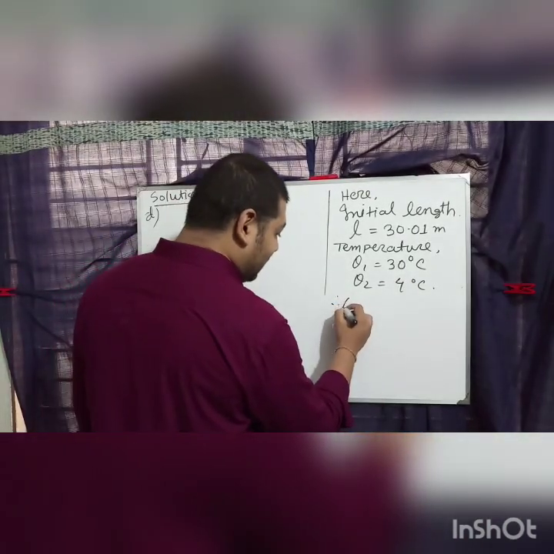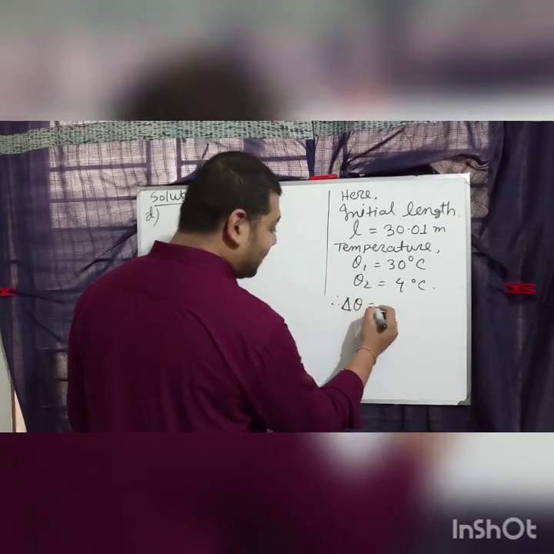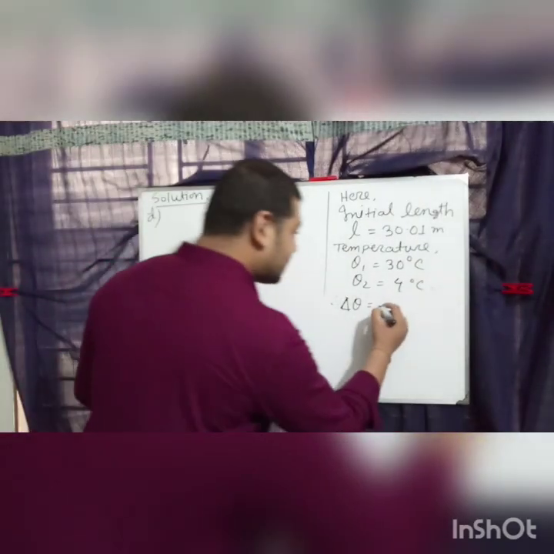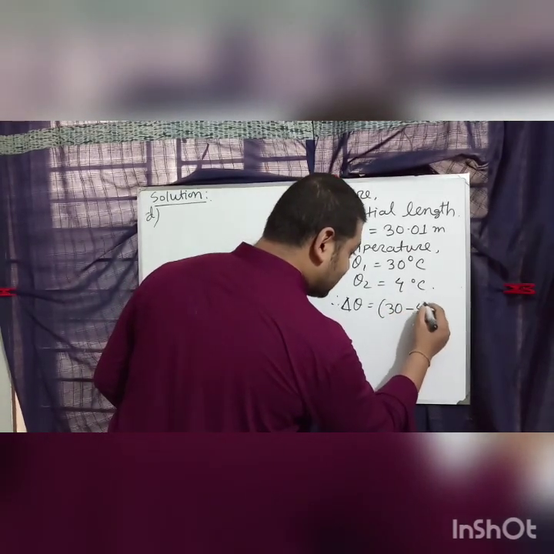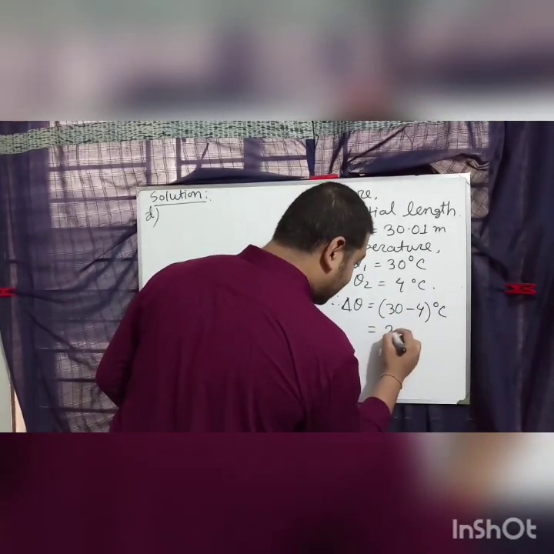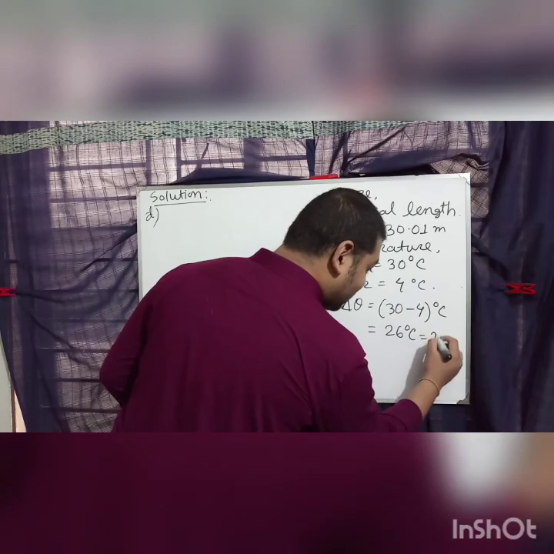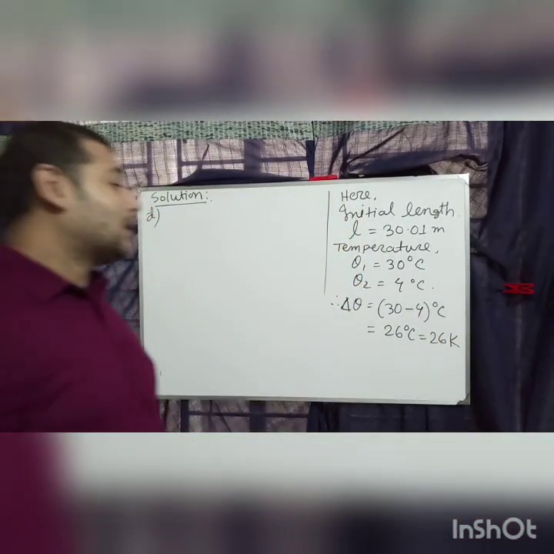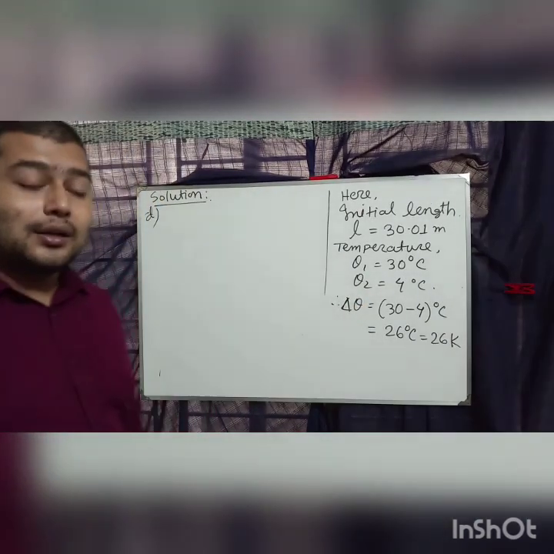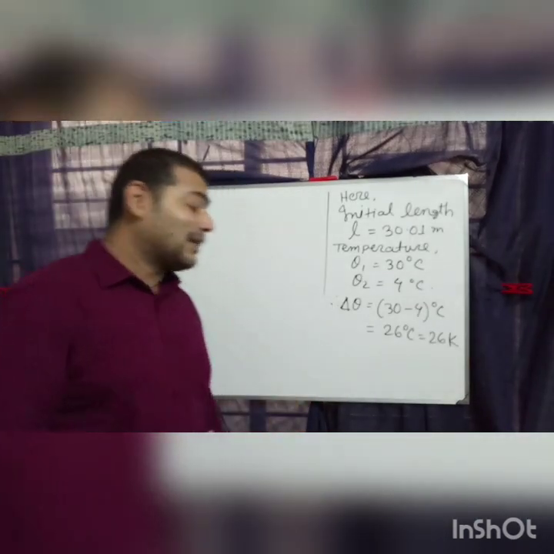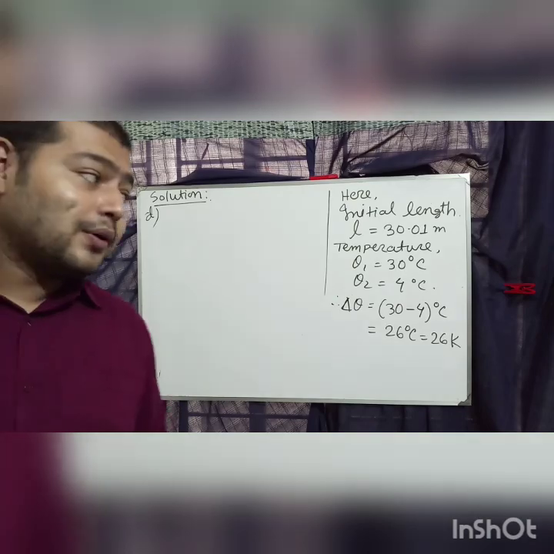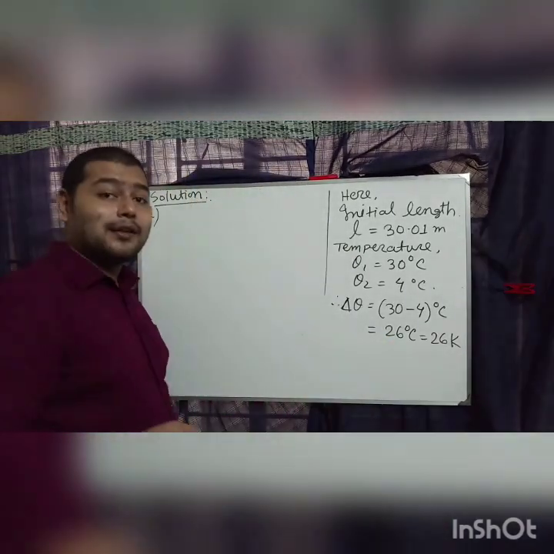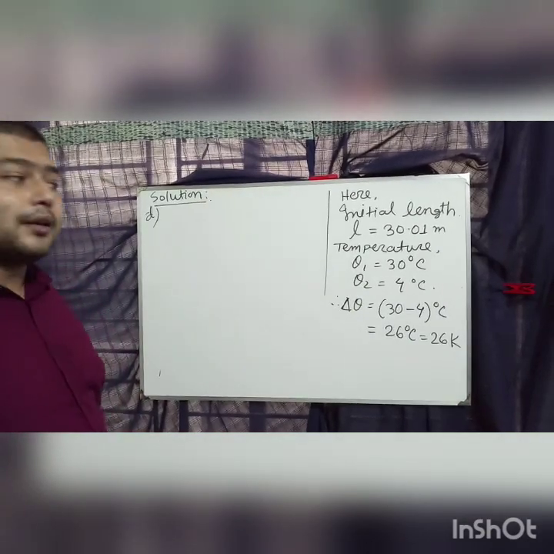So we can write del theta, the difference of these two temperatures, is 30 minus 4, which is 26 degrees Celsius, or 26 Kelvin, because the difference of temperature is equal for Celsius scale and for Kelvin scale.